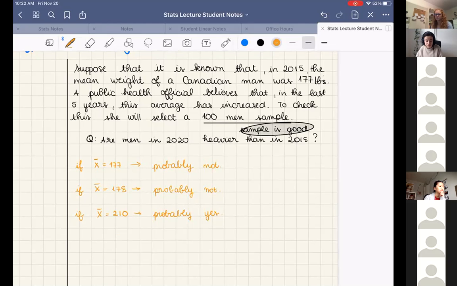Maybe it's just by chance. Maybe it is, but I was no reason to believe that if you choose another sample, you're going to get something different, right? Essentially, here what we're saying is we're going to trust our sample and what it says to us.